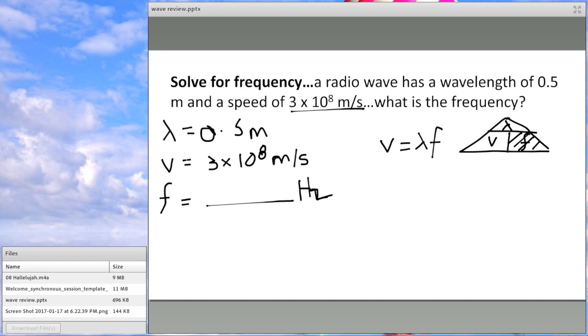Then f is equal to V over wavelength, which is 0.5 over 3 times 10 to the 8th.